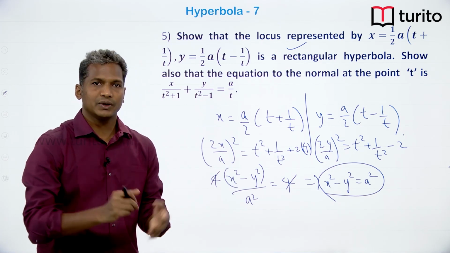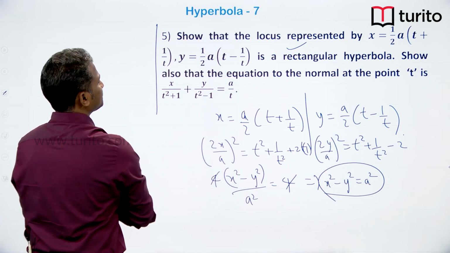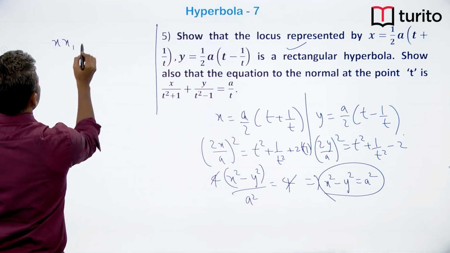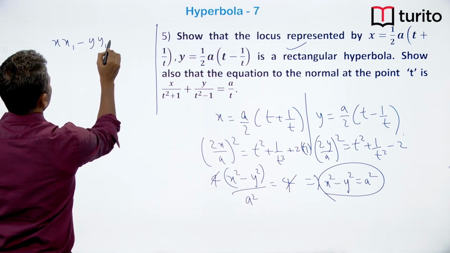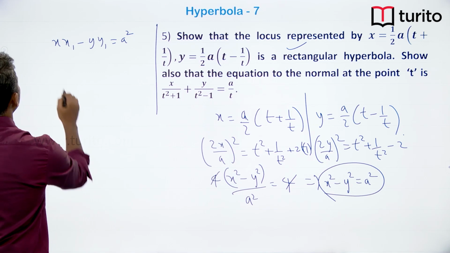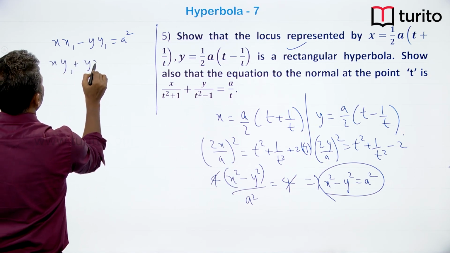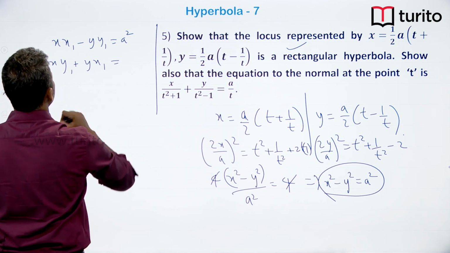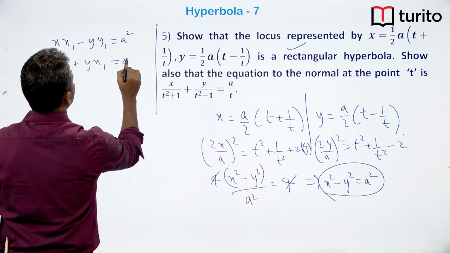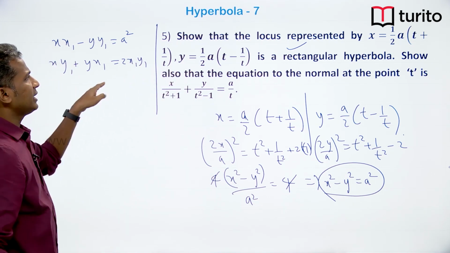Suppose I take the tangent as xx1 minus yy1 equal to a square. What about the normal? It becomes xy1 plus yx1 is equal to, substituting the point, 2 x1 y1.